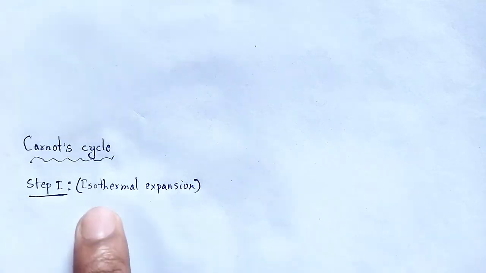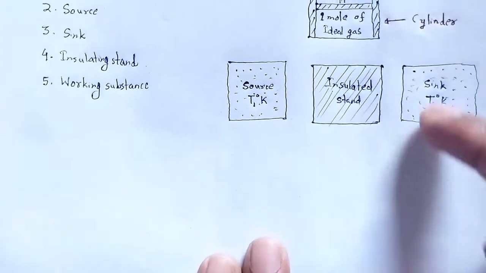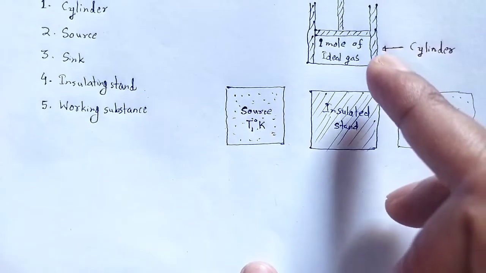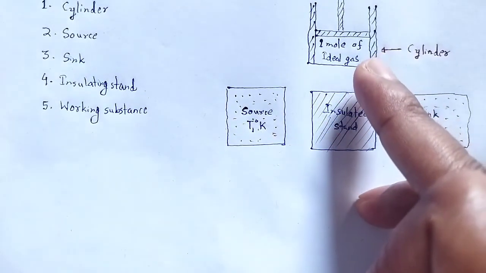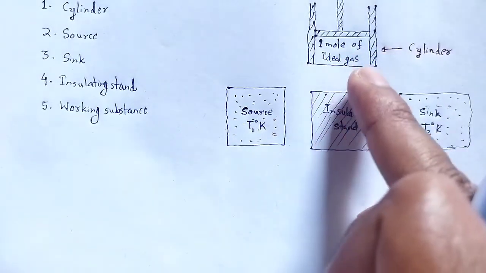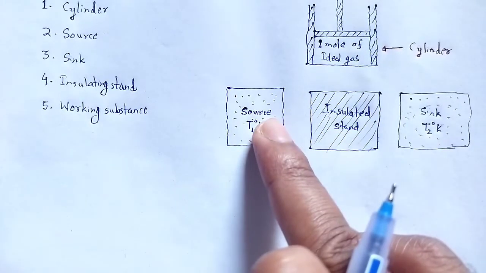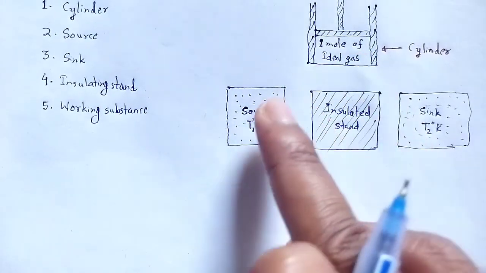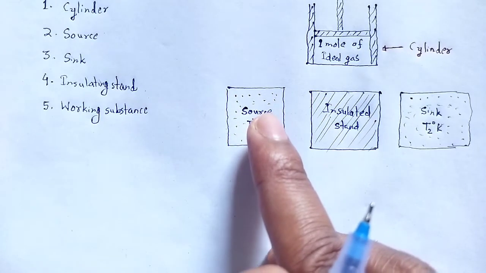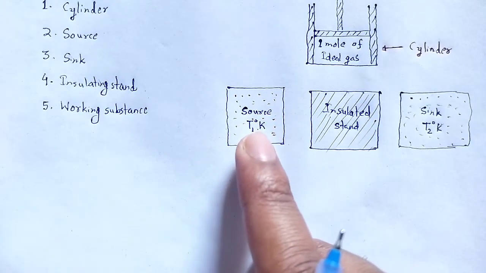For isothermal expansion in the Carnot cycle, first of all, place the cylinder containing 1 mole of ideal gas on the source. What happens?